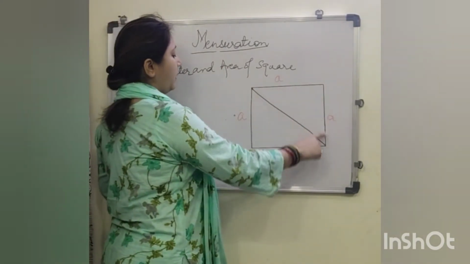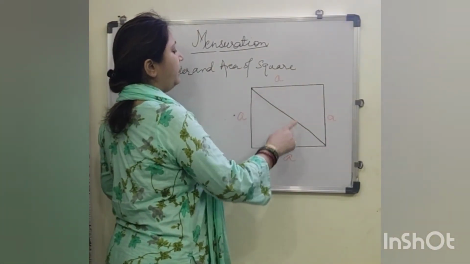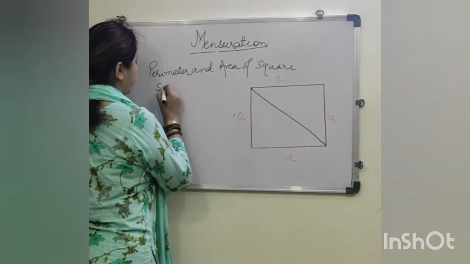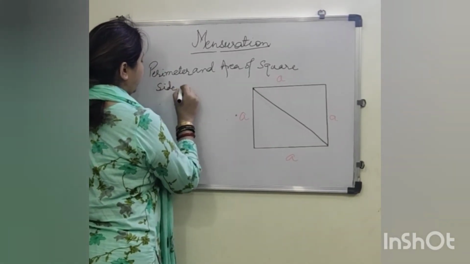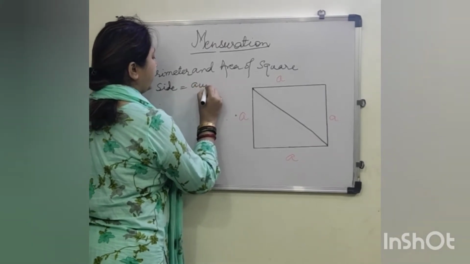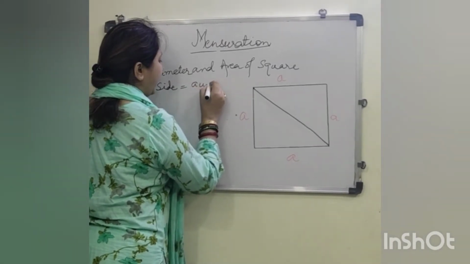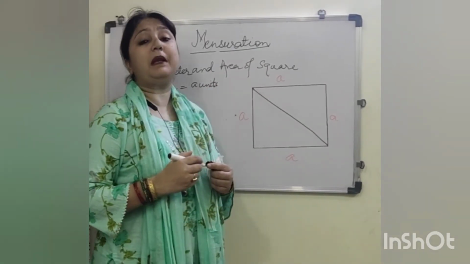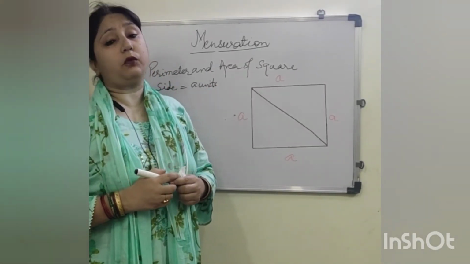Here I have drawn a square whose each side measures a unit. Side is a units. Why am I writing a units? Because it may be centimeter, it may be millimeter, it may be meter and so on.